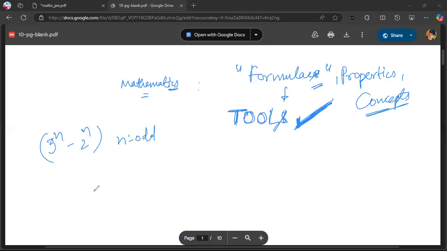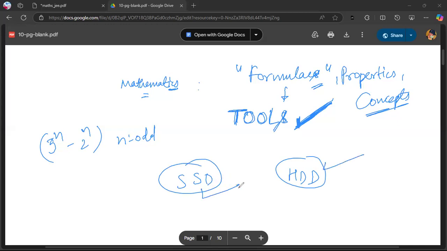If you have not revised the property, revise your notes, formulas, properties, concepts, or your short notes again and again, the property will not be handy to you. It will be in your mind, but you will not be able to find it quickly. Just like there is a hard disk in a laptop and a solid state drive, the SSD works fast.